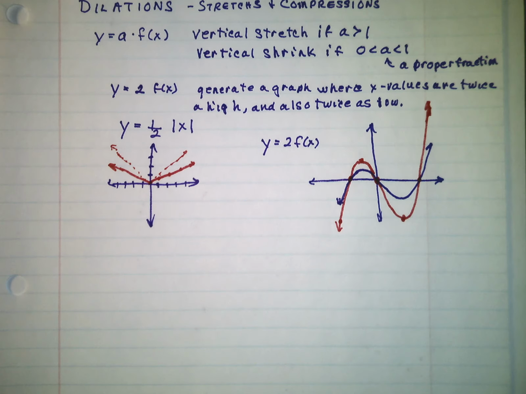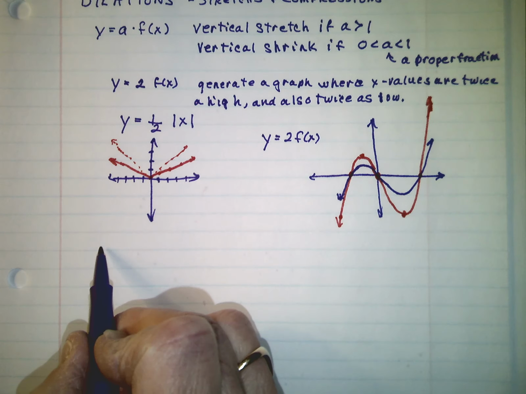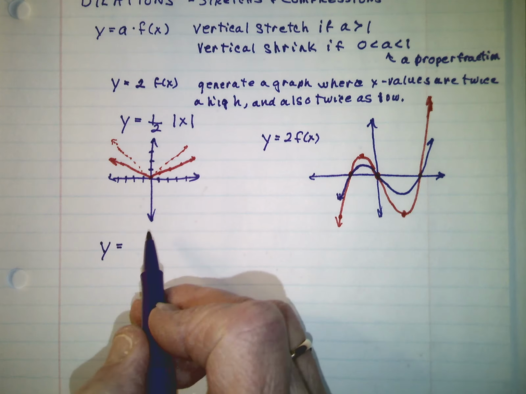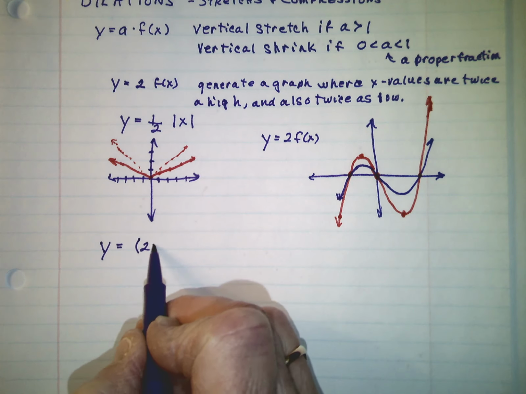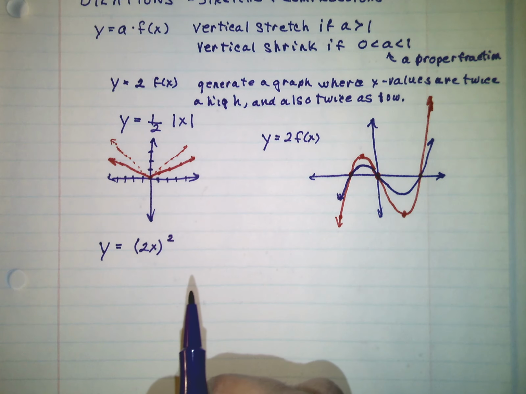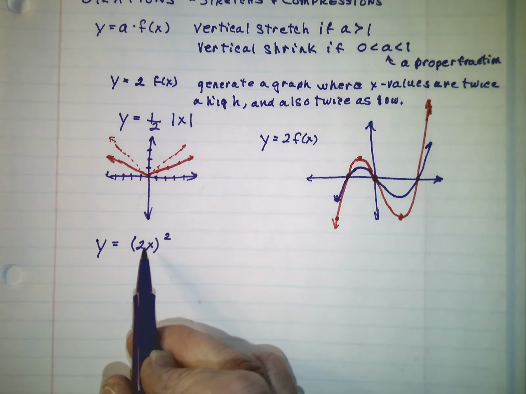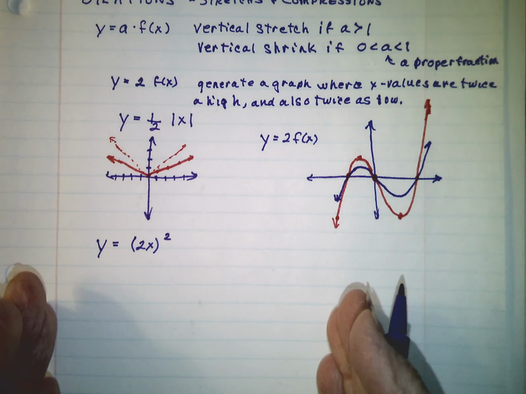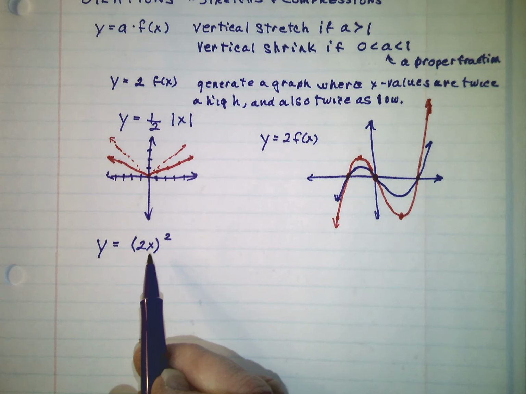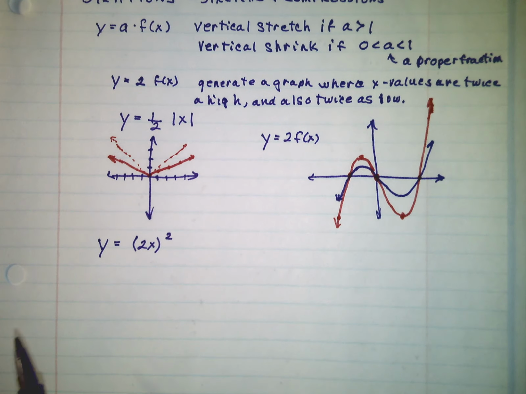How about the x's? If we have y equals 2x and then square it, how is that going to change the original parabola? What's going to happen to it? So if we're changing the x's here, that's going to affect its width. Will this make the graph twice as wide? Nope. Because if you remember, the x's do things in reverse.